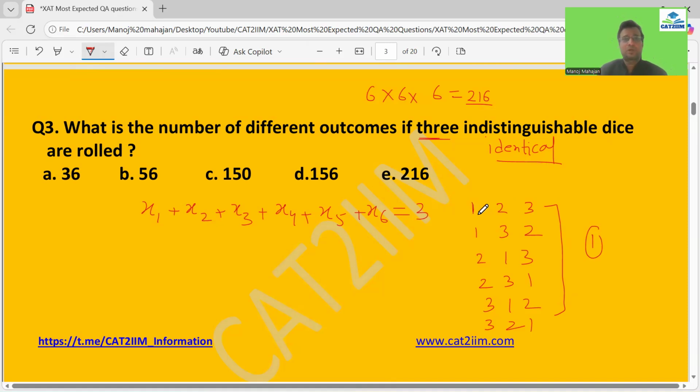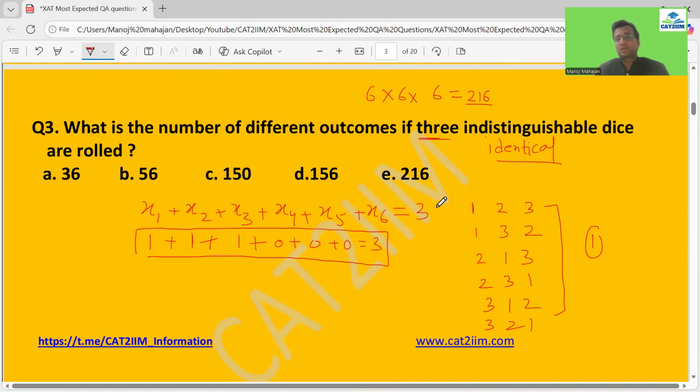Now the case is when on the 3 dice the number 1 comes only once, number 2 also comes only once, number 3 also comes only once. So let's add this: 1 plus 1 plus 1, and the rest would all be 0. So if you just look at calculating the whole number solutions of this equation, right? You would be able to get all the solutions which they're talking about in this question. So when I do this, x1 1, x2 1, x3 1, this solution would be counted only once.